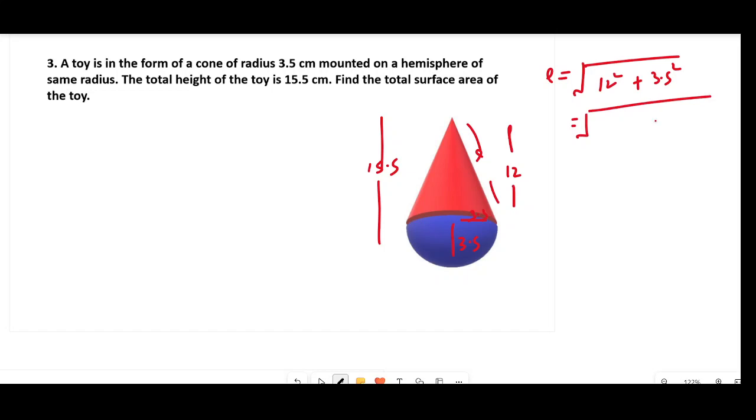Now this will be 144, and 3.5 square is 12.25, so 144 plus 12.25 gives 156.25. So this is the value, 12.5.